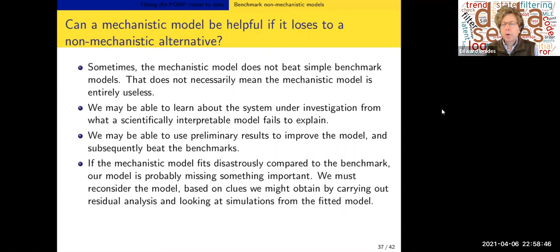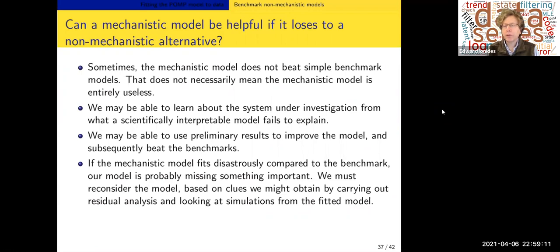When you try fitting mechanistic models, sometimes you beat simple statistical benchmarks, sometimes you don't. If you don't beat a simple benchmark, it doesn't necessarily mean that the mechanistic model is entirely useless, because you still have the interpretability. You can still learn from where the mechanistic model fails.